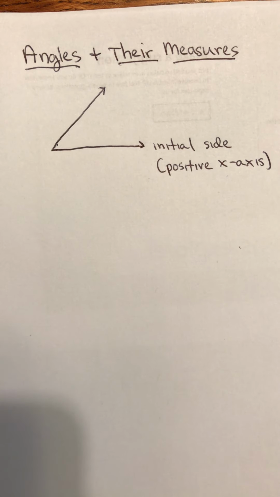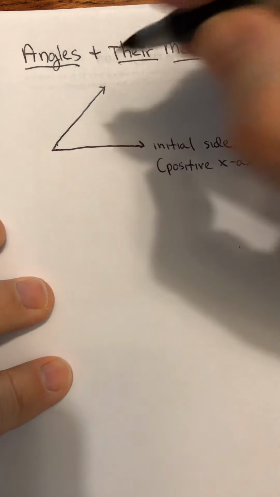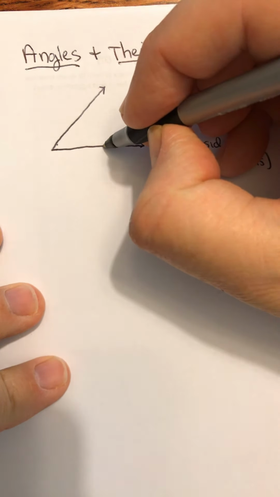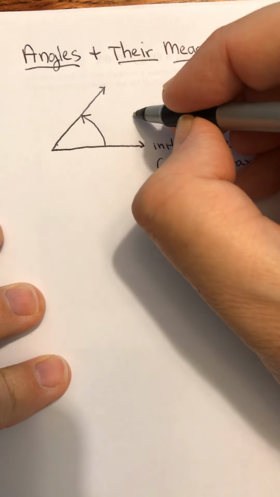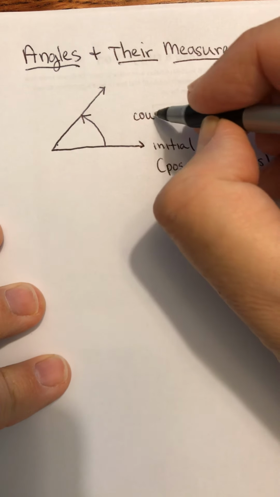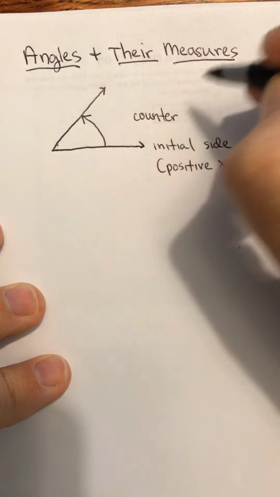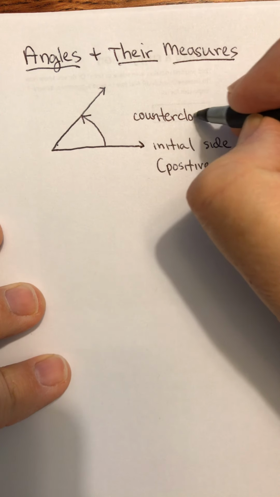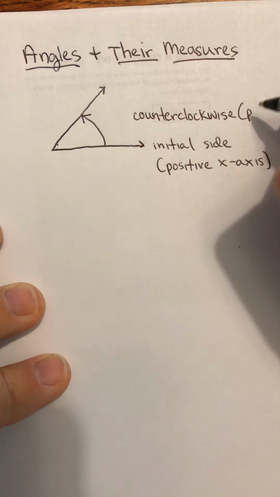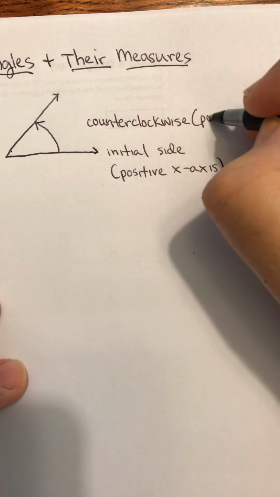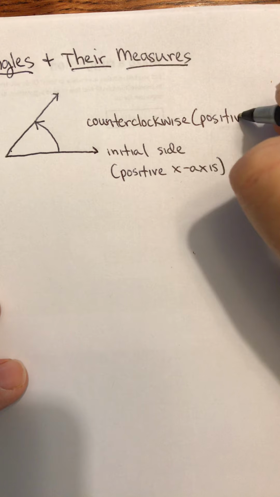Initial means beginning. If I measure the angle from the initial side and I go in this direction, which is counterclockwise, that would be a positive angle. So counterclockwise is positive. So that would make sense then. Clockwise would be negative, and I'll draw one of those in a minute.